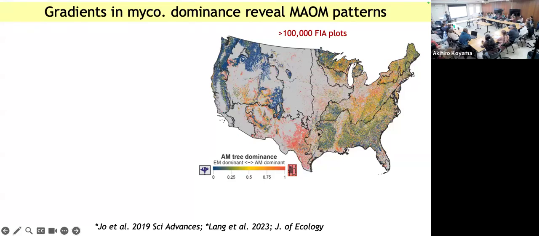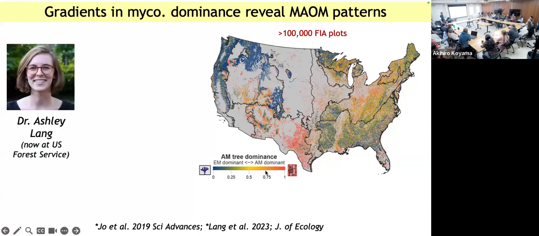So we took all of that data, we classified the trees as AM and ECM, and then you can see ECM trees dominate the Intermountain West and the Pacific Northwest, coastal California. AM trees are dominant down in Texas, mesquite and some others. And then mostly in the east, it's this mix, this greenish color, where you have AM and ECM tree dominance. We were mostly focusing on eastern forests, where we had those mixed types.